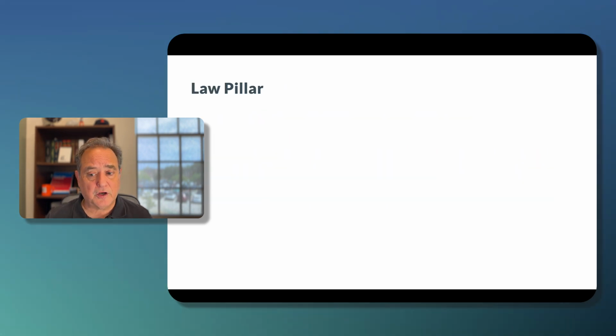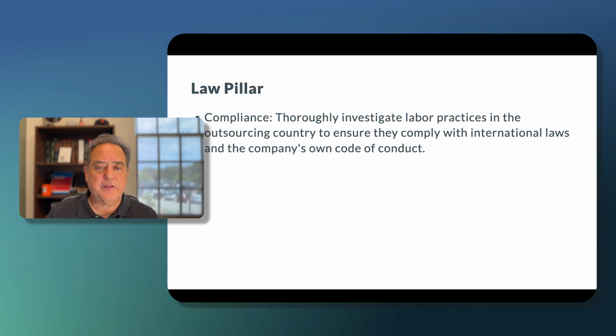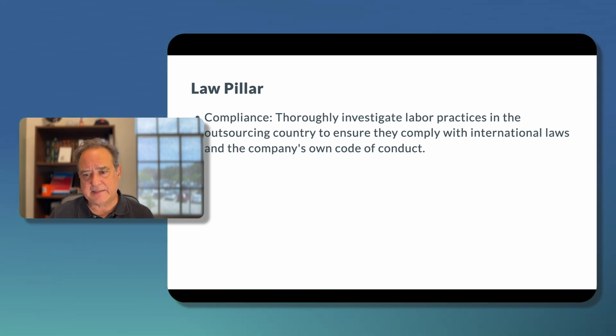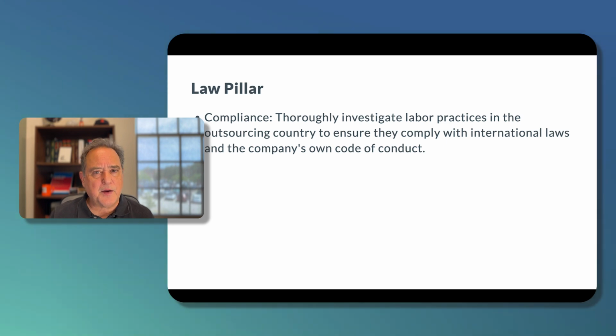Now we turn to the law. The law is about compliance. So if we outsource our manufacturing to this country, how can we make sure they are following the law? What this will require is us to thoroughly investigate labor practices in the outsourcing country to ensure they comply with international laws and the company's own code of conduct.